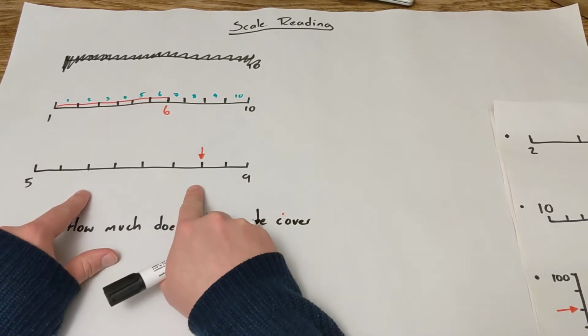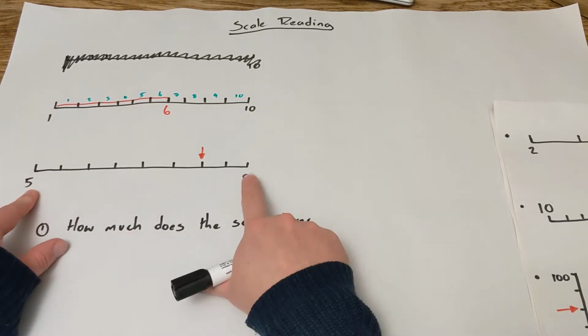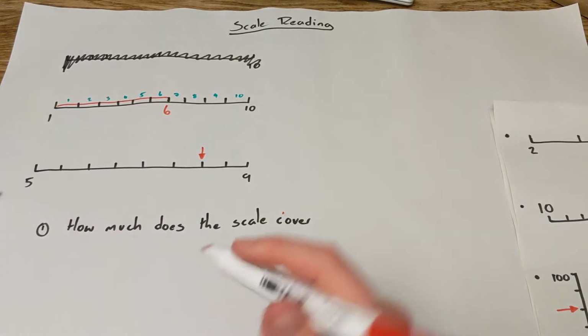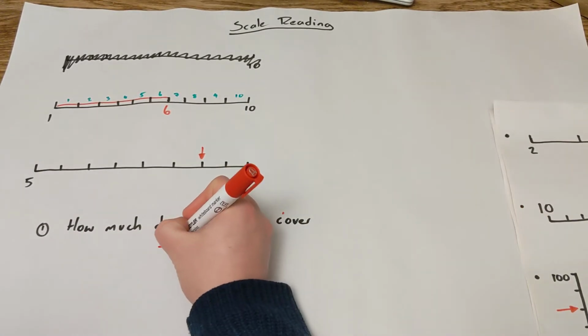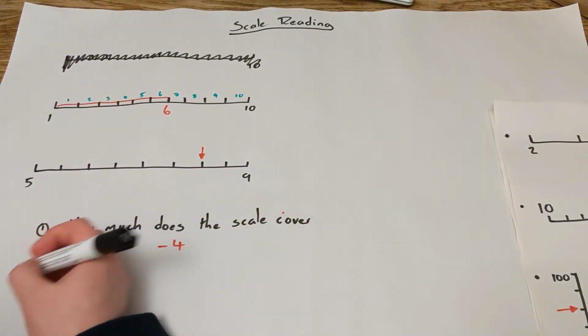This one, fairly simple. We don't need the calculator or anything. If it starts at 5 and it goes up to 9, well, that's covering a total of 4, isn't it? From 5 to 9. So how much does this one cover? Well, it covers 4. Okay.